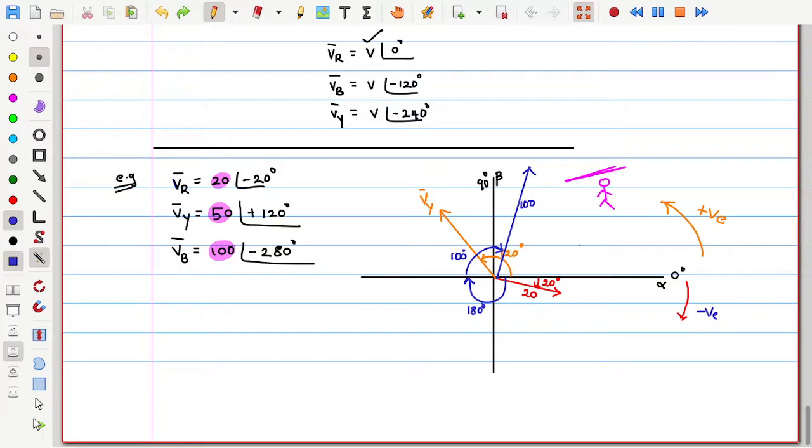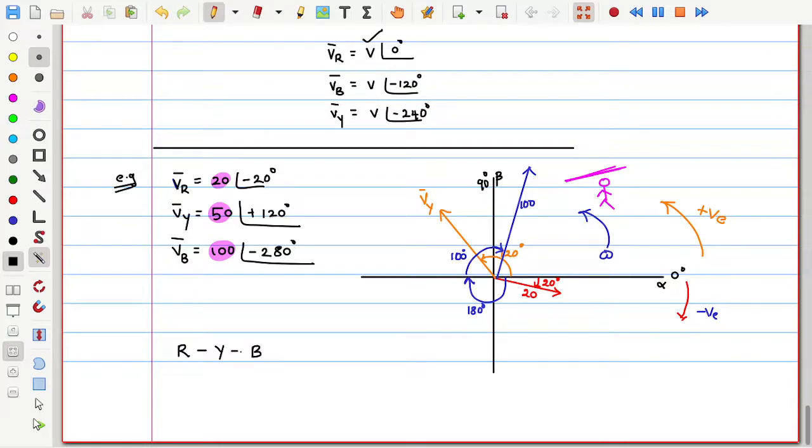So assume that this entire system, that is R phase, Y phase, B phase, is rotating in the counterclockwise direction at an angular velocity omega. Now you look for who is coming first, then who comes next. If these phasors are rotating in the counterclockwise direction, who will come first is R, then Y, then B. Yes or no?